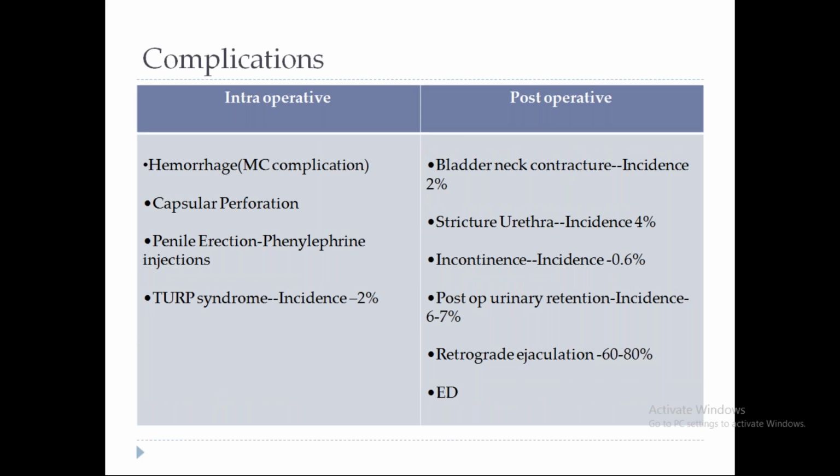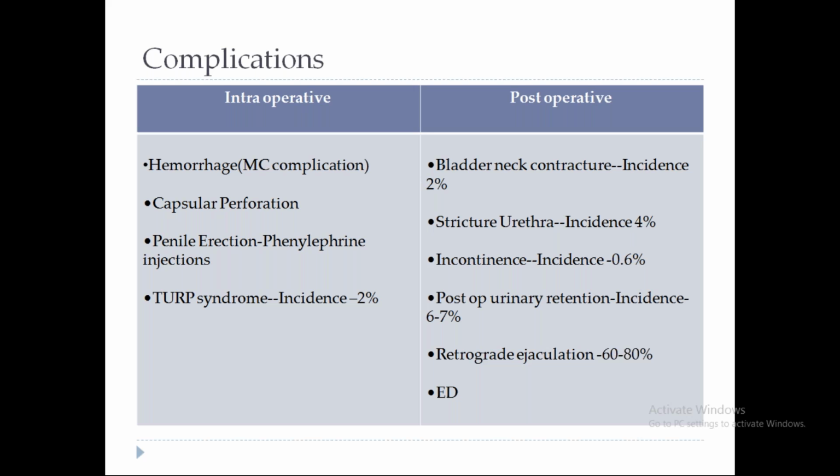So coming to the complications, intraoperative and postoperative complications. Intraoperative complications are hemorrhage, the most common complication, capsular perforation, penile erections, for which phenylephrine injections can be given, and TURP syndrome, incidence is 2%.